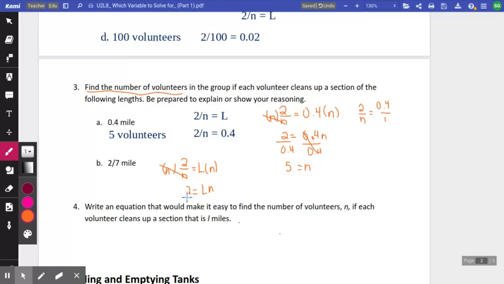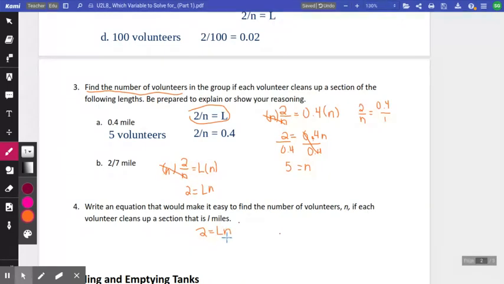Now remember, what's our goal here? We said we were rearranging this equation so that instead of equaling L, it equals n. So my last step is, if I want it to equal n, look at the side of the equation with n on it. If I want it to equal n, I've got to get rid of L. Now we just said Ln, that means L times n.